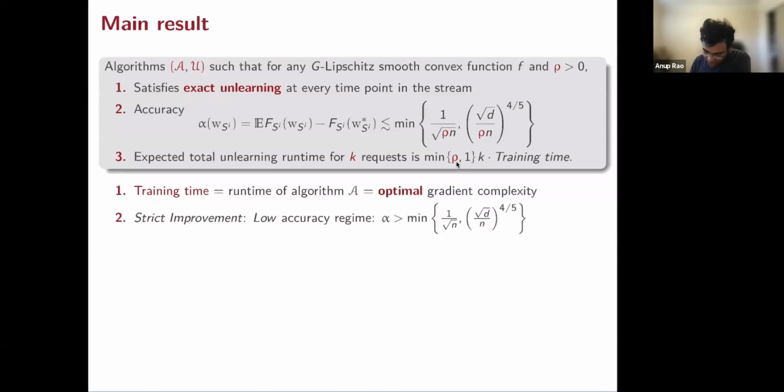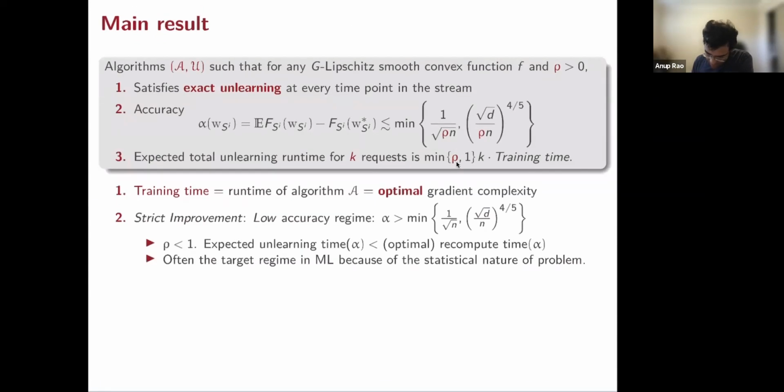So if we can tolerate error that is greater than these two terms here, 1 over square root n or the 4/5 power of square root d over n, the minimum of those two, then the unlearning runtime is strictly better than the training time by an optimal training algorithm. Not just our training algorithm, but compared to an optimal training algorithm.